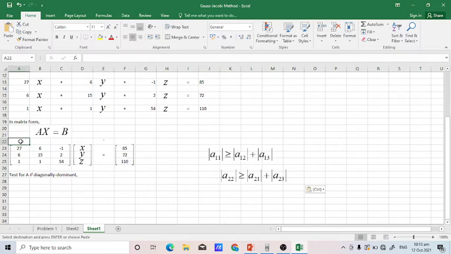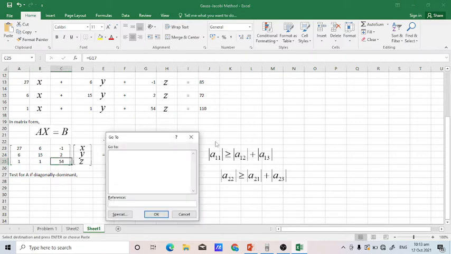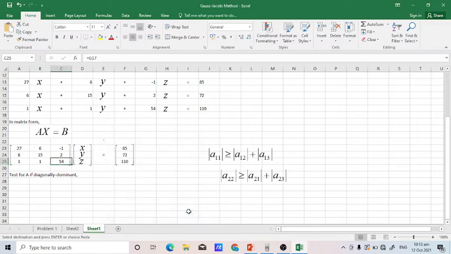So copy lang natin. A13, ito A15, ito equals sa A17, no? And so forth and so on. And then ganun din dito, 85, J13, J15, J110.